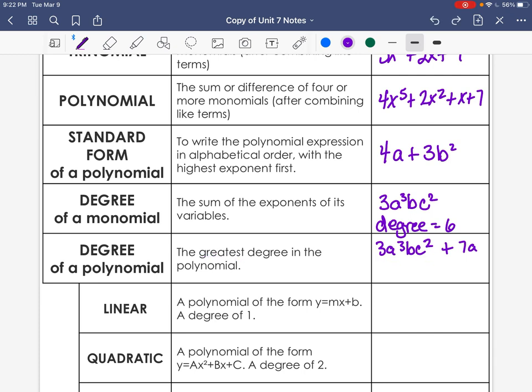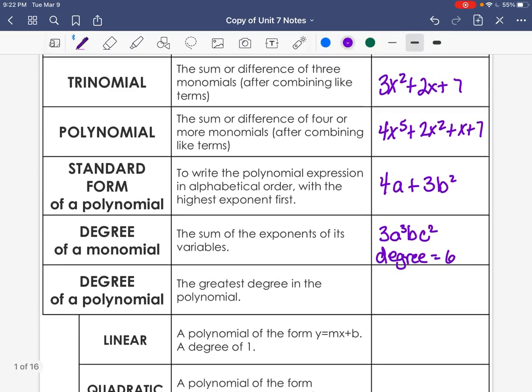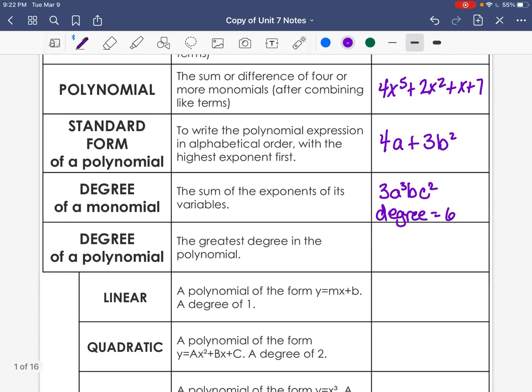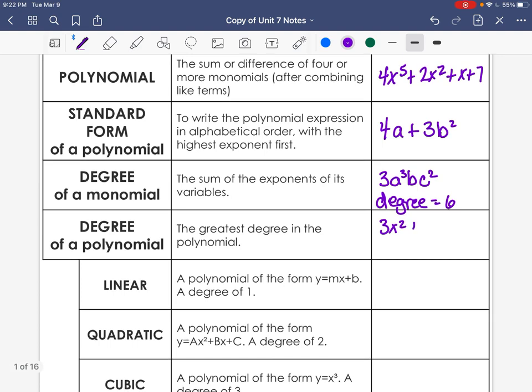Now, what we typically see, so I'm going to actually just take all of this off because that's not what we would typically see in a polynomial. What we typically see is something like trinomial up here. So if I had that 3x squared plus 2x plus 7, then my degree would be 2 because the biggest exponent in this polynomial is 2.